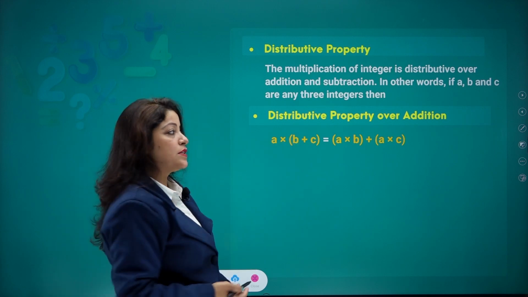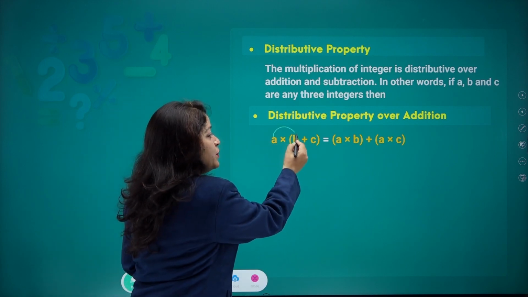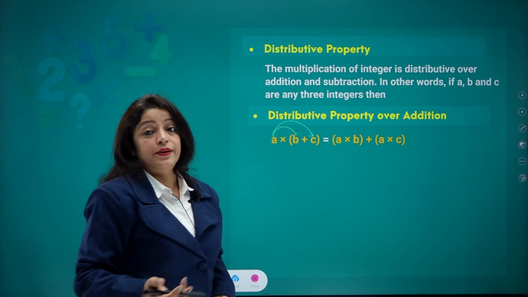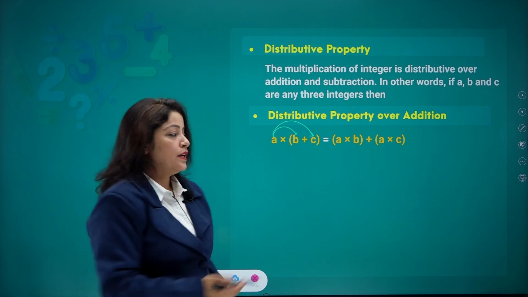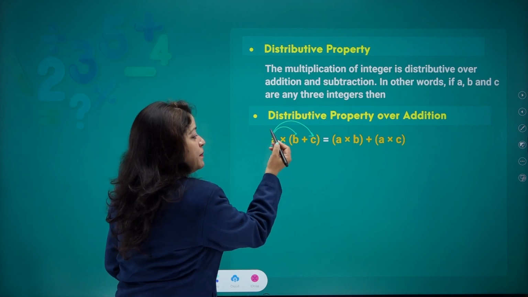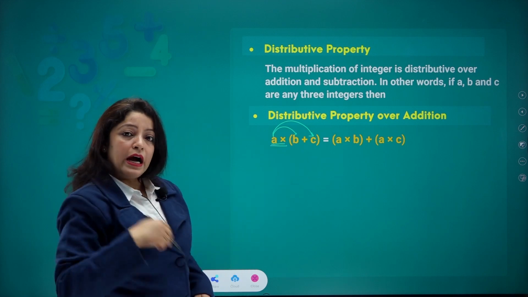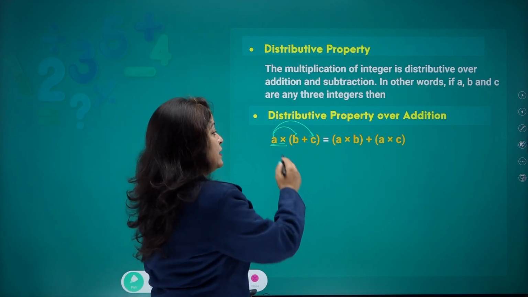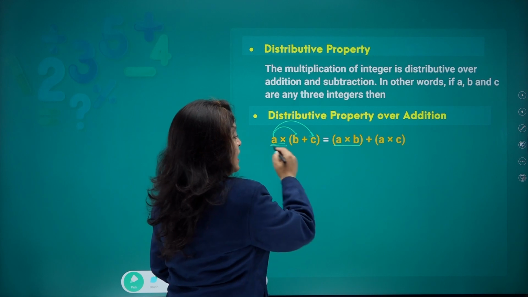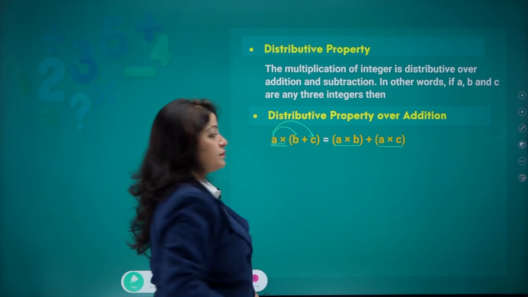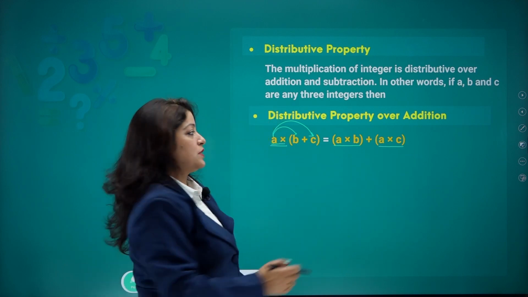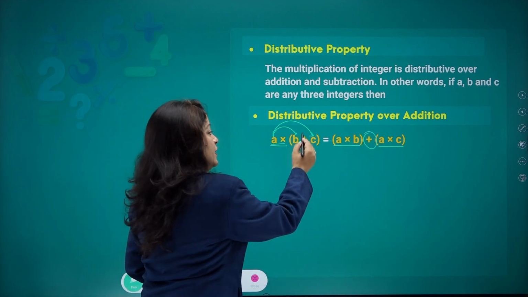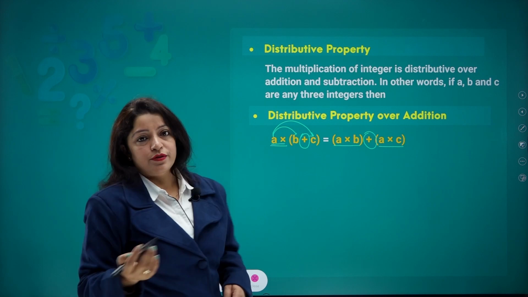Then a will get distributed over b and a will get distributed over c. Now distribute means a is getting multiplied by b as well and it will get multiplied by c also. So here we'll first get a times b and then a times c, and both the products will get added. Why are they getting added here? Because it is distributive over addition.